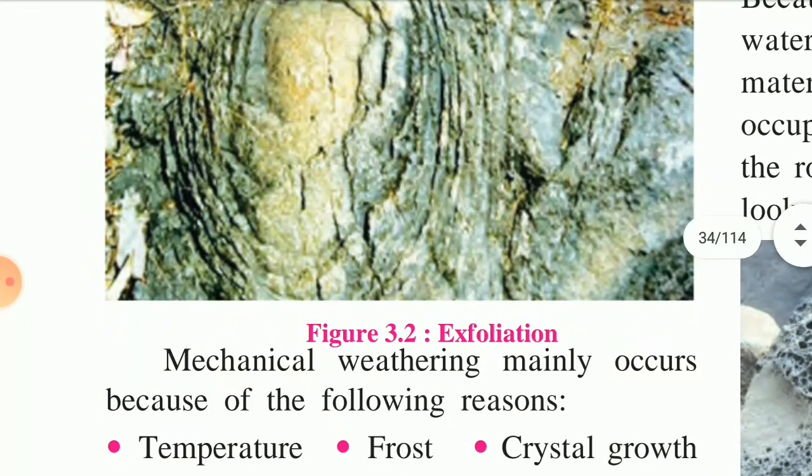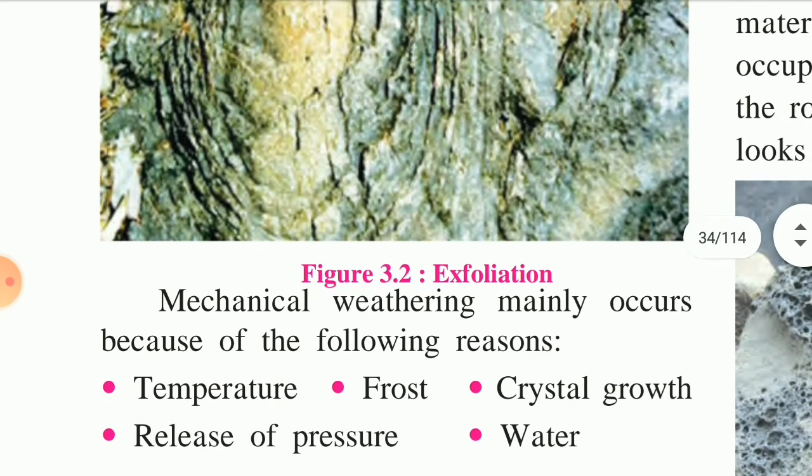Mechanical weathering mainly occurs because of the following reasons. Exfoliation is a part of mechanical weathering. So let us see why mechanical weathering takes place. Number 1, temperature. Number 2, frost. Number 3, crystal growth. Number 4, release of pressure.